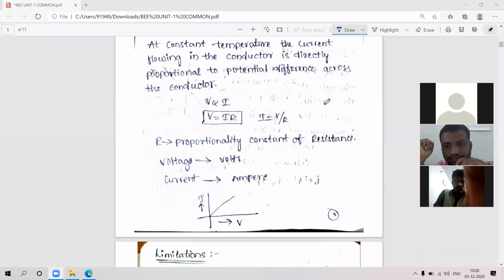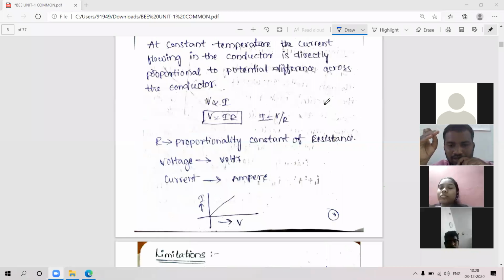We have seen the classification of materials. We have seen types of elements, that is active and passive elements. Also we have seen the definition for voltage. Voltage is nothing but potential difference. We can call it voltage, potential difference or electromotive force. All are giving the same thing. Also we have seen the definition of charge. Charge is nothing but the addition of excess electrons to the atom.